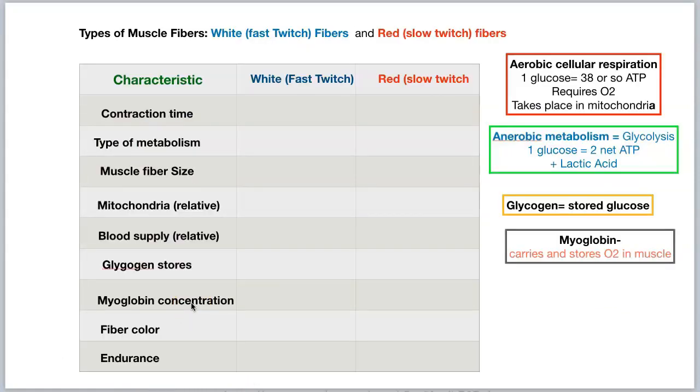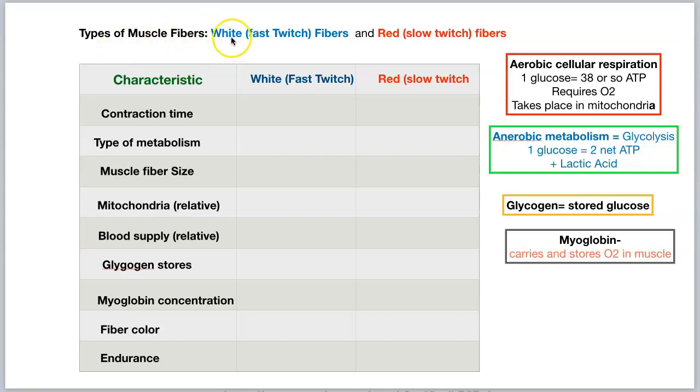So we've been talking about muscle fibers a lot, and this is on your last page of your lecture notes. So look at this so you can fill it out while we go over it. I'm going to be talking about the two different types of muscle fibers.